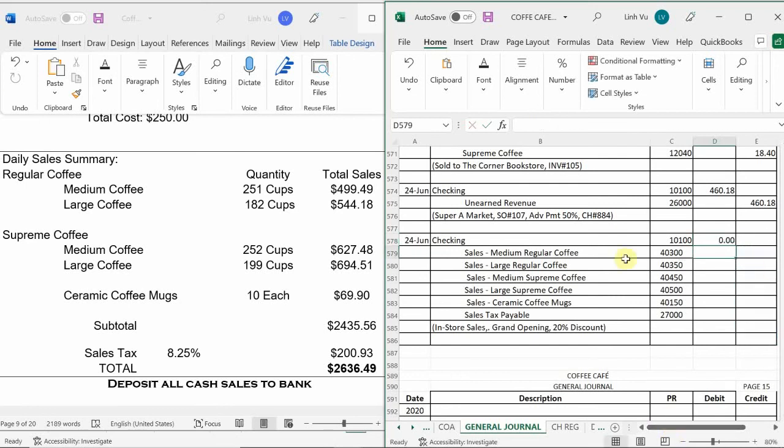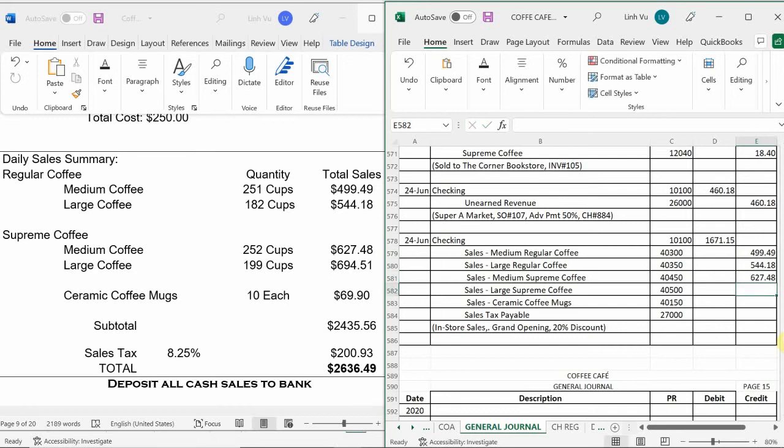Okay, so starting from the sales, medium regular coffee. I sold 251 cups for a grand total of $499.49. I sold the large regular coffee, 182 cups at $544.18. Supreme medium coffees, I got 252 cups at $627.48.